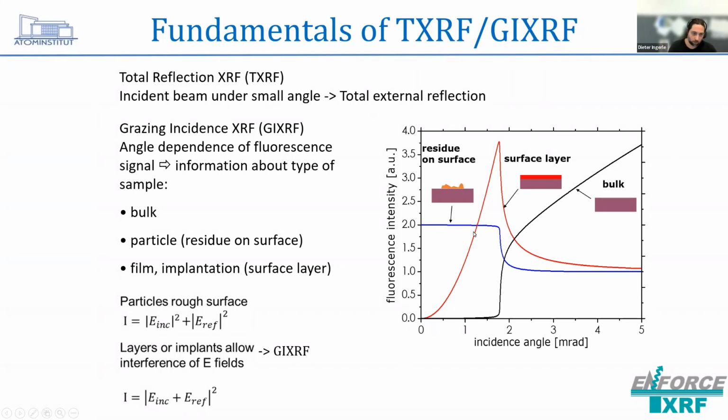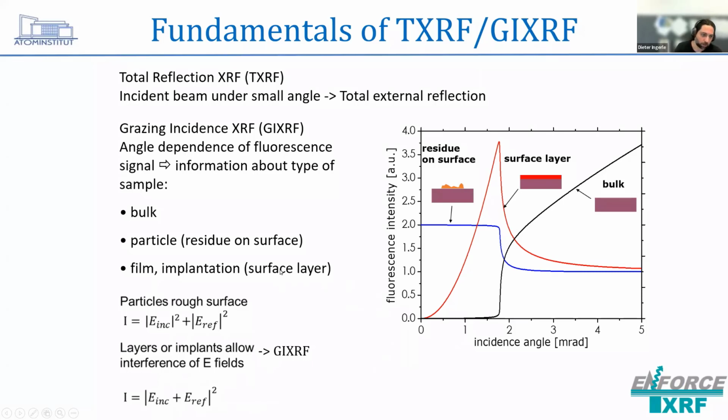And then, of course, as I said, for residues, it's basically this double excitation below the critical angle and then above, we should have approximately one, just a normal intensity, because we are no longer reflecting on the surface. And for very thin surface layers, we expect something like this curve, which theoretically even goes up to 4 times the excitation if it's very, very thin. And this is caused actually by the interference of these two fields of the incoming and reflected beam.